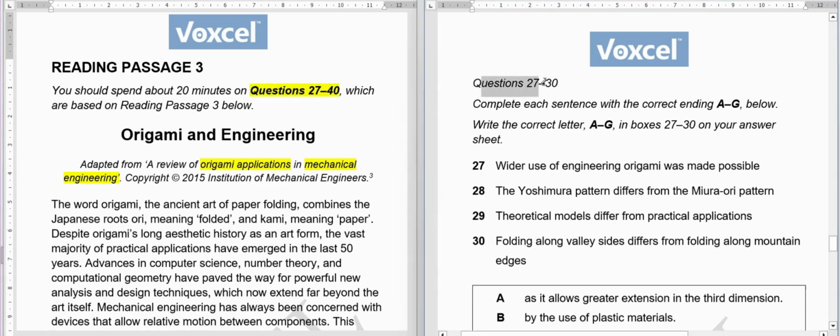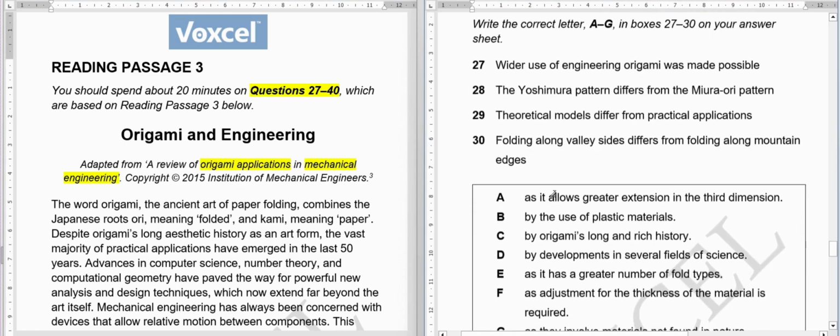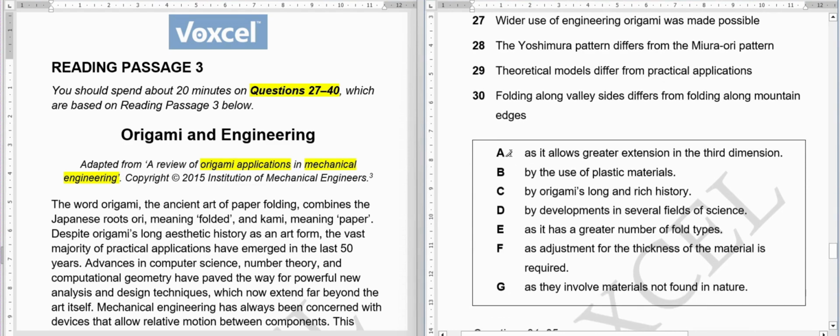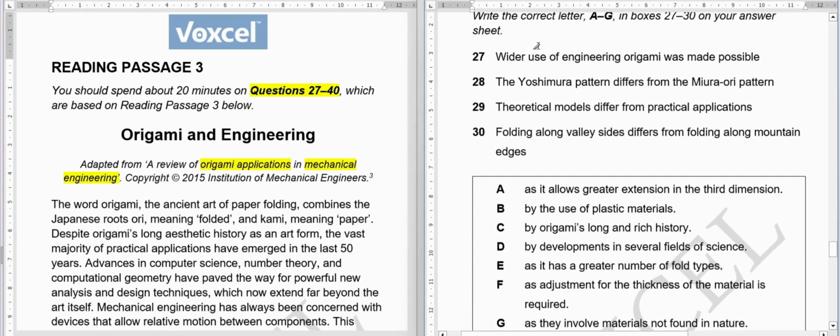So the first set of questions is 27 to 30, and here we have to match the correct ending with the statement. You are given these four questions, and then you are given seven different endings. So you will have to match the appropriate ending with each statement.